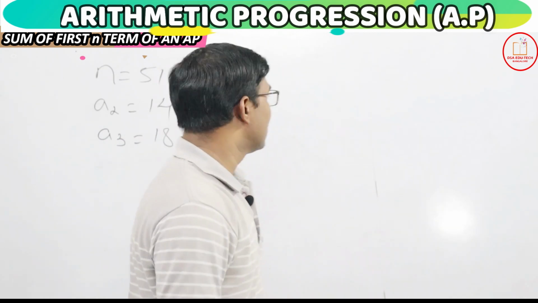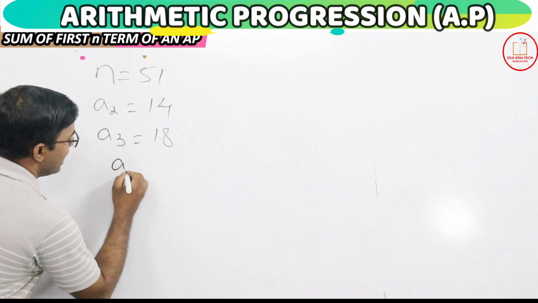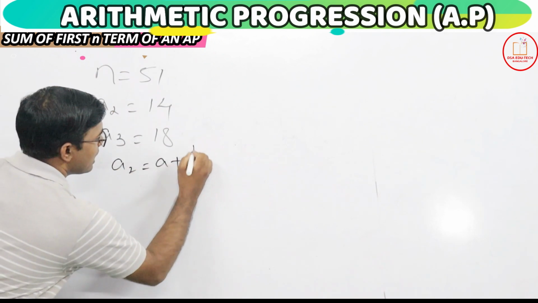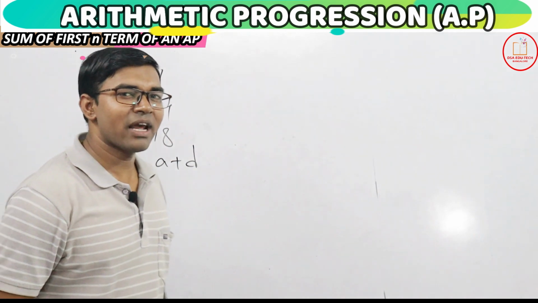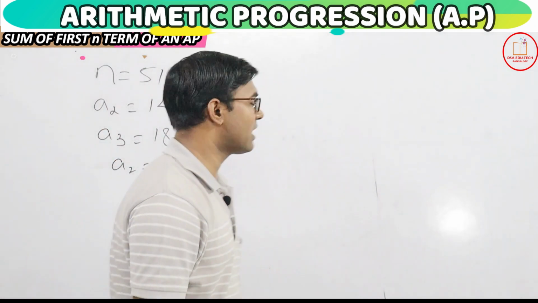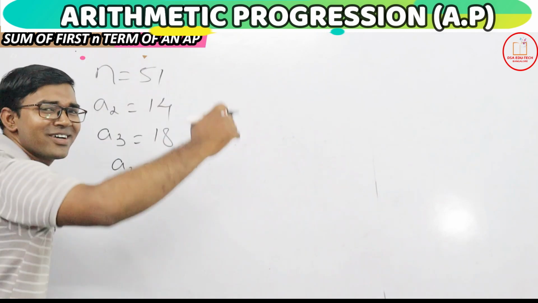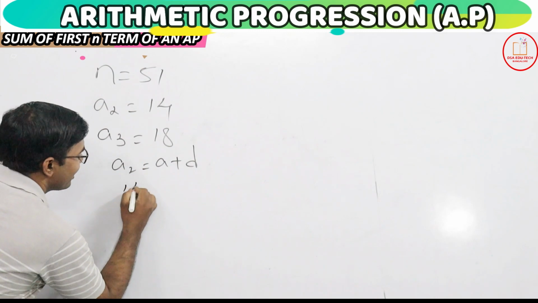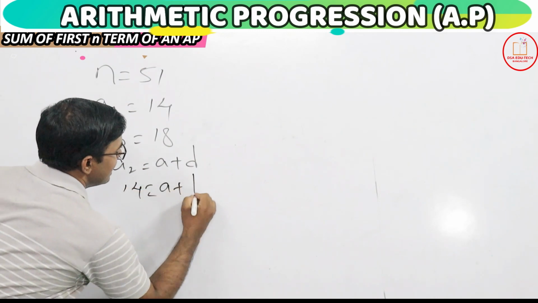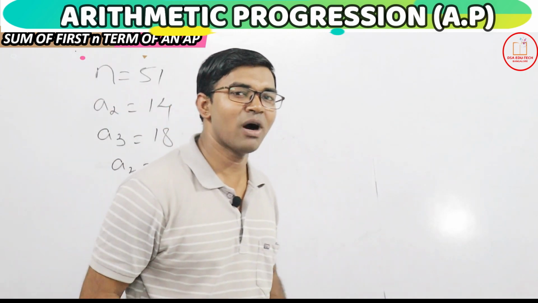So let me write this in the other form. The same A2 can be written as A2 is equal to A plus D. I am writing it from the general form of an AP, right? So now A2 value is 14. So 14 is equal to A plus D, and this is equation number 1.